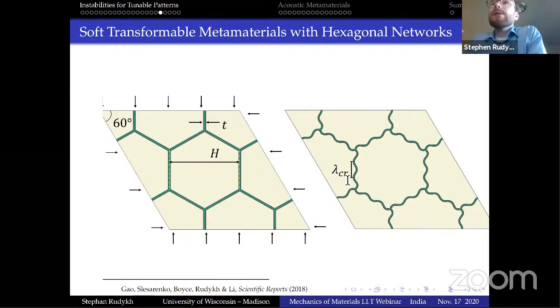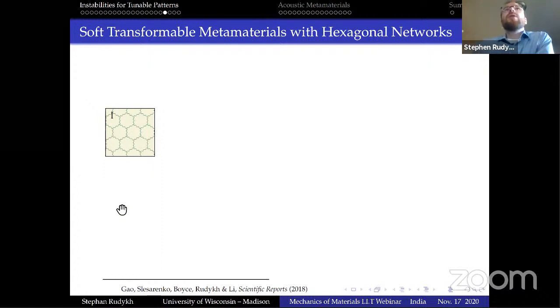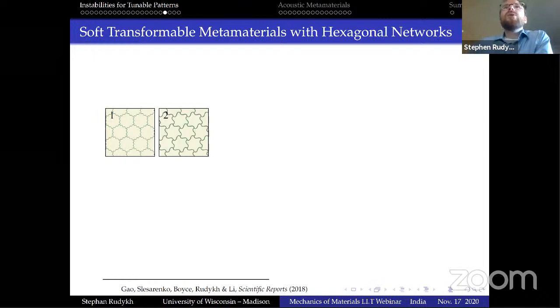And with this idea, let's see what we can do. We can design a situation where we have more wavelengths in one unit cell, and that's the pattern that would be produced. However, we also can choose the materials and the geometry such that we have exactly one wavelength here.